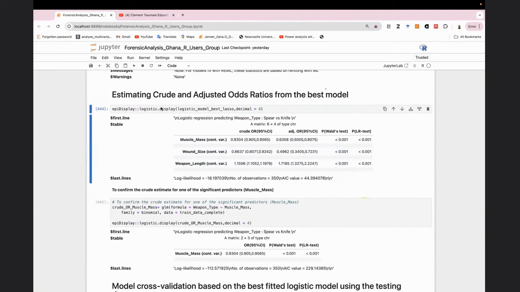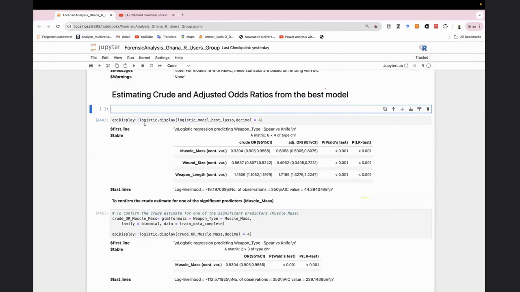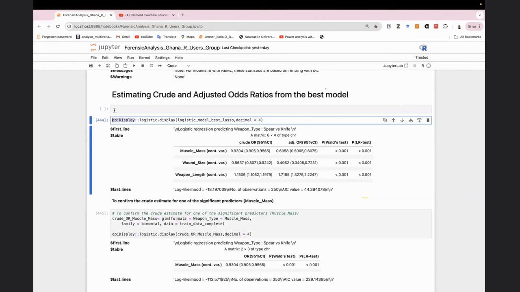So there's this package called epiDisplay. Have you noticed that I can use the package name and bring two colons and specify the function I was using? If I run this, I'll get the output.